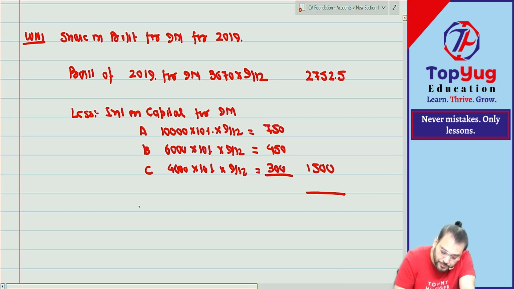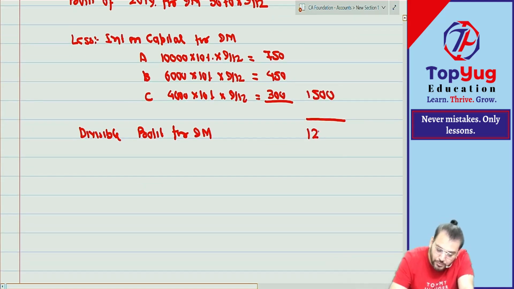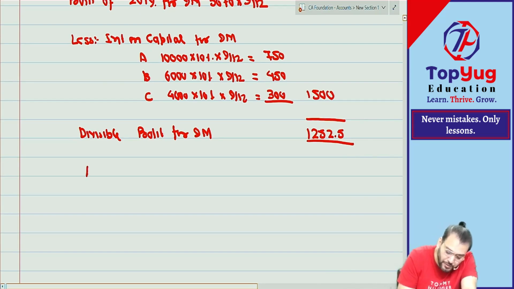So this becomes divisible profit for 9 months. How much? It is 1252.5. Now we can find out A's share in profit.